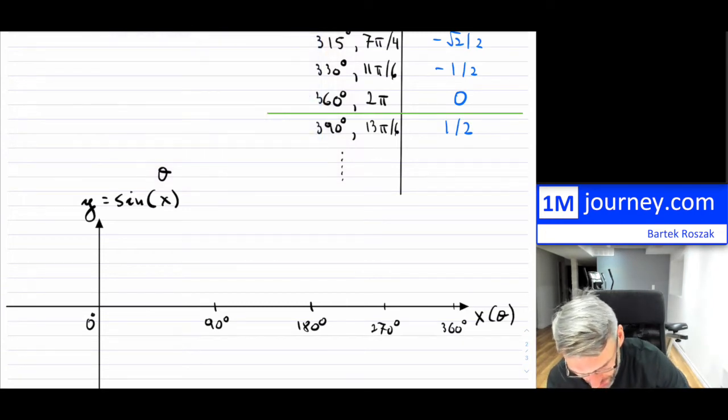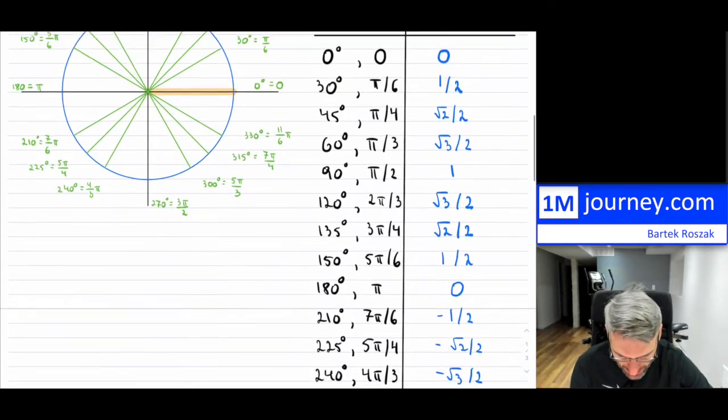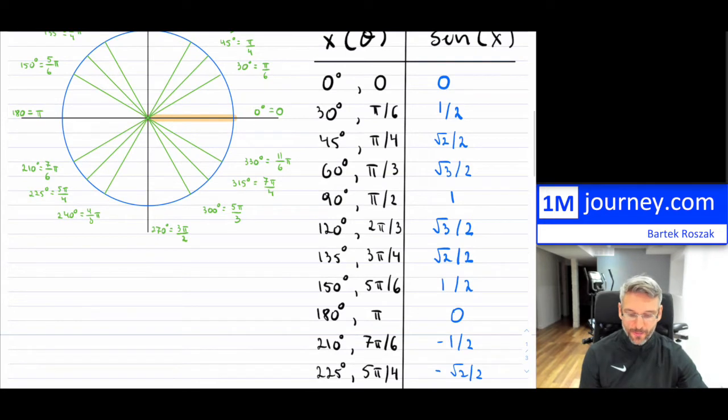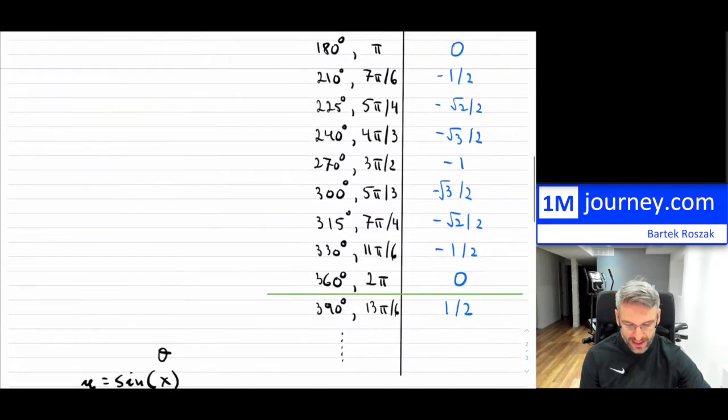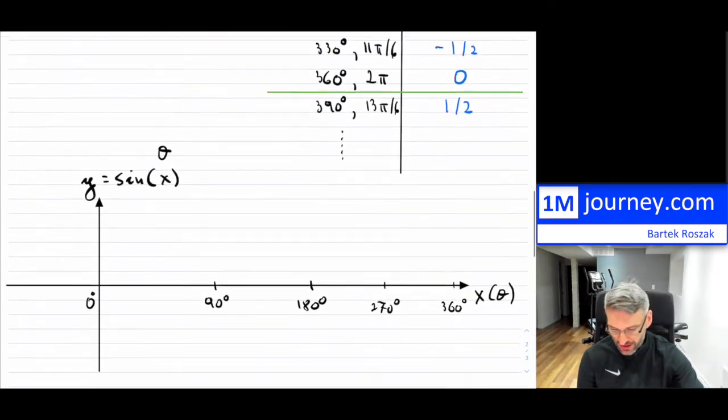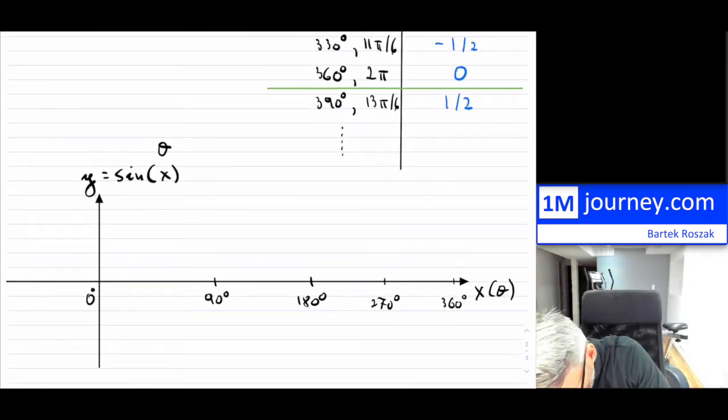If I go at these values, what I notice is my highest point is 1, which happens at 90 degrees, and my lowest point is -1, which happens at 270 degrees. So if I was plotting this, let's say this right here was 1, and I'm trying to do it symmetrical: 1, 2, 3, 4, 1, 2, 3, 4.